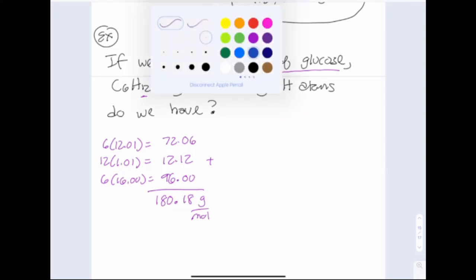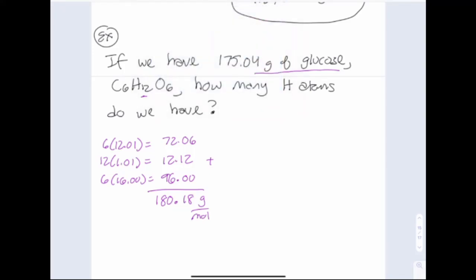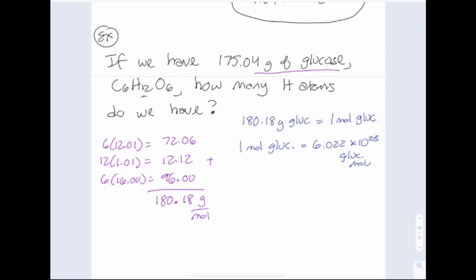So let's make a list of everything we know, right? I know that there's 180.18 grams of glucose, I'm just going to abbreviate, for every 1 mole of glucose. I also know that 1 mole of glucose contains 6.022 times 10 to the 23rd glucose molecules, or compounds.